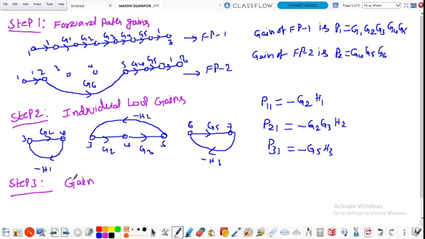Delta is equal to 1 minus the sum of individual loop gains plus the sum of gain products of all possible combinations of two non-touching loops. Okay, so the individual loop gains are calculated here, and after that we calculate the gain products of two non-touching loops.